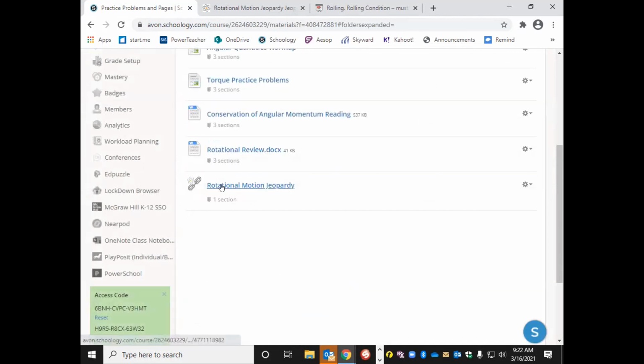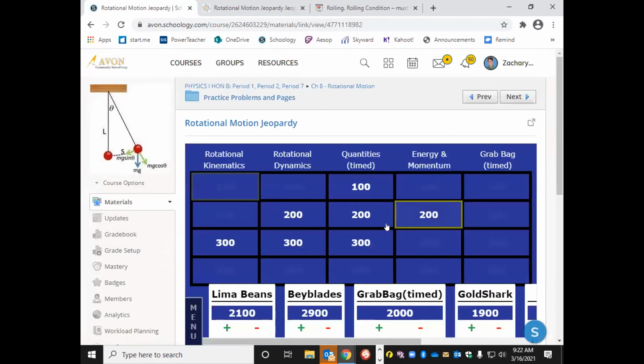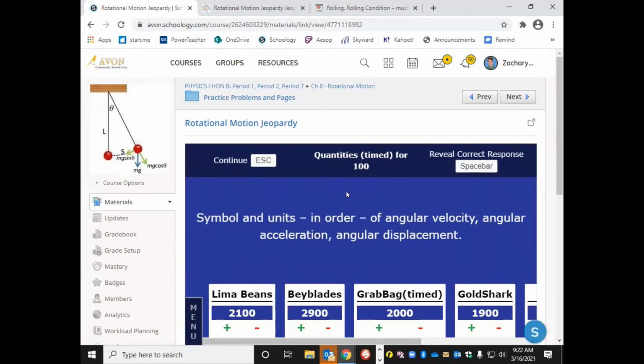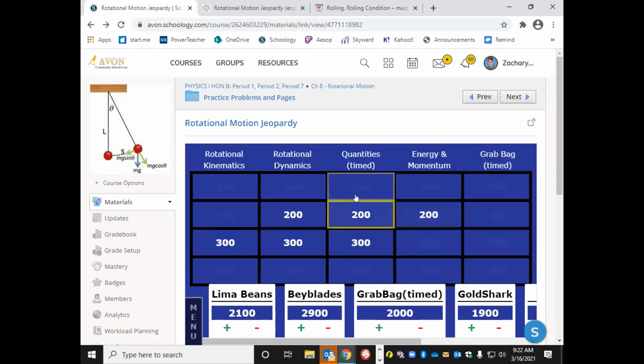So if you click on this link, you can go through here, right? You can even play a game with your friends if you want, but really all you need to do is click them and press space bar to reveal the correct response, and press escape to get back to the questions, and that's how you can study that if you'd like.